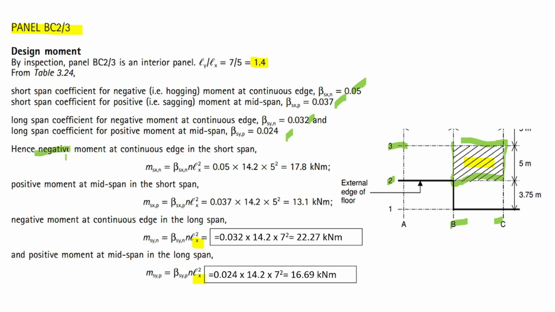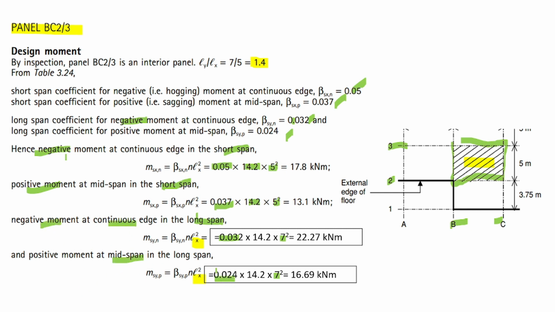Negative moment here, meaning at the support. Positive moment at the midspan, you substitute here. Short span, use 5. This one we calculated already earlier with the combination. Long span, this is 7. These are the values that we have here. 0.032, meaning negative moment at the support. Mid span is positive moment.